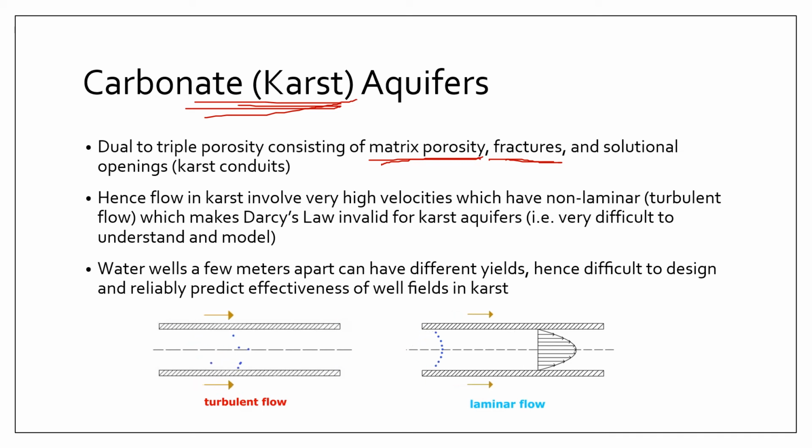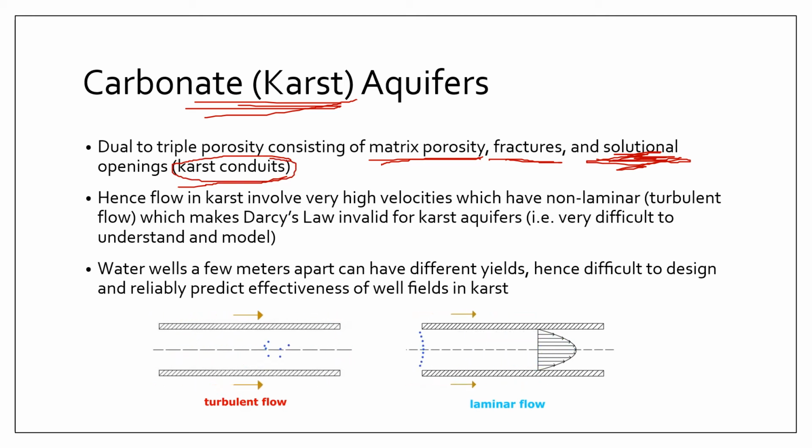And their third porosity is due to the karst conduits or the solutions or the sinks within your rock. Okay, so these are highly porous, materials with really high effective porosity and really large openings.